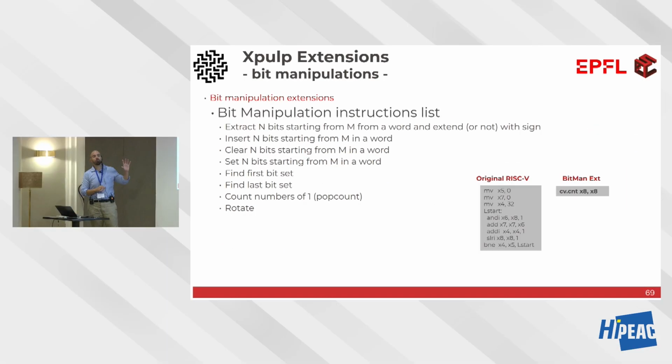Let me answer that. When we ratified these instructions, and this is also true for the next instructions, RISC-V hadn't specified yet the RVB standard extensions. So we worked in parallel. We started drafting these extensions before RISC-V. And today they are not the same, of course, because you do your own. They have a lot of things in common. I won't be able to discuss exactly all the details, but they are not the same.